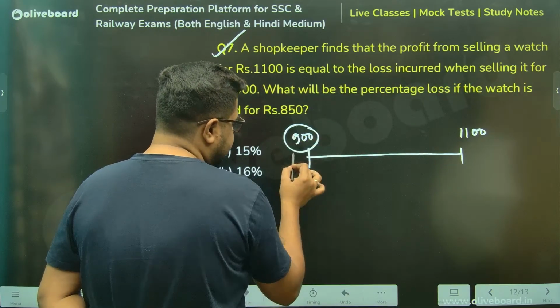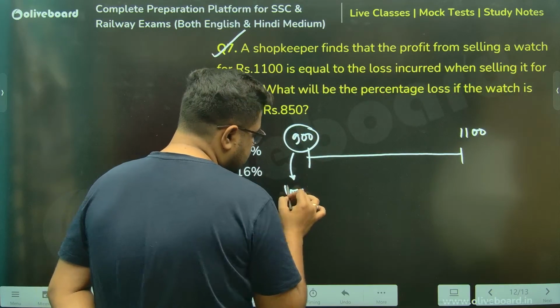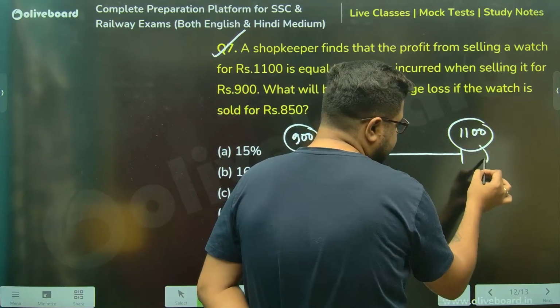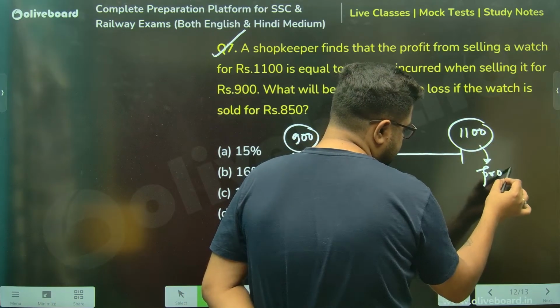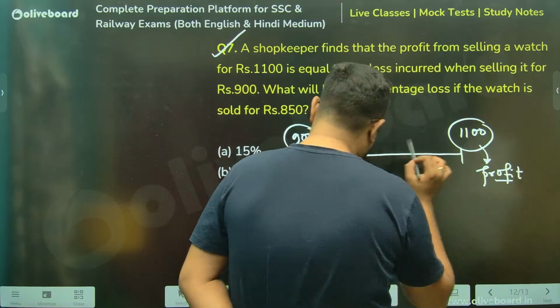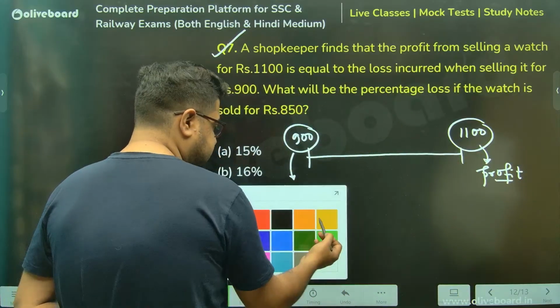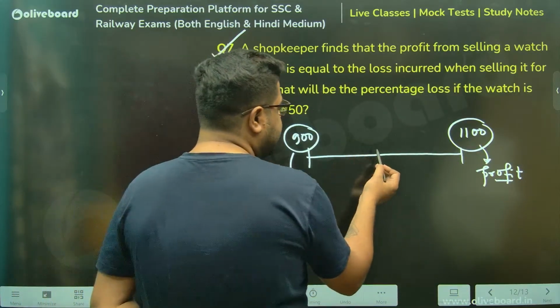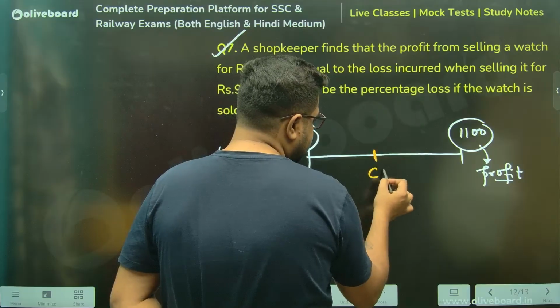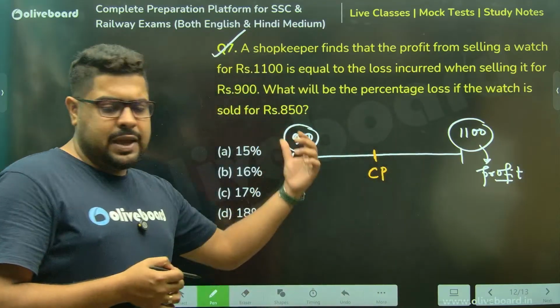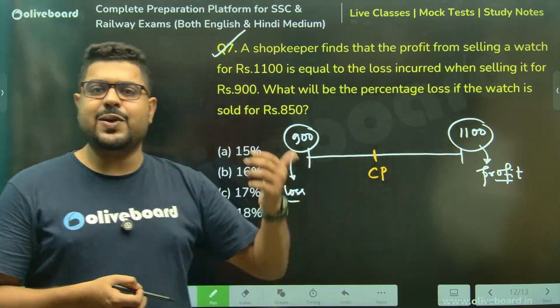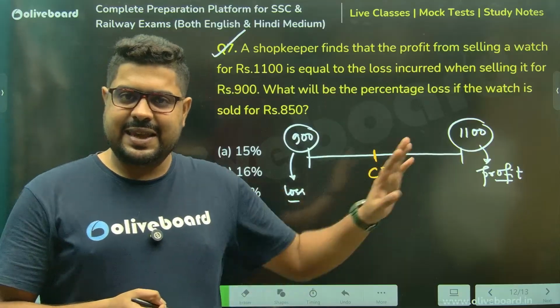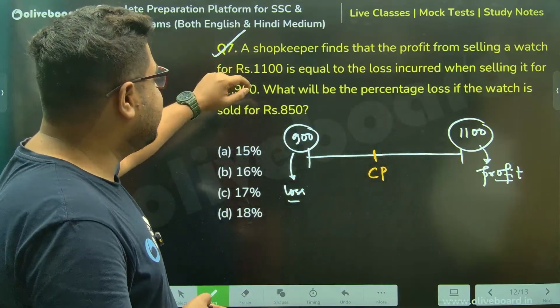Here I am having some loss, and here I am having some profit. So can I draw a simple conclusion? That, sir, my CP is somewhere down the middle, because on one side of CP is profit, another side is loss.